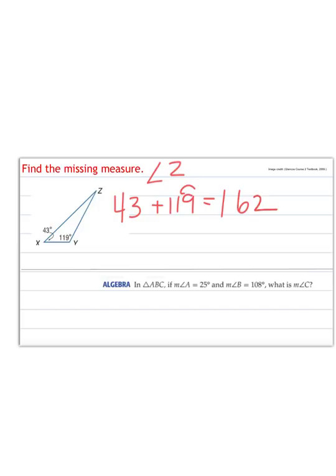Now they have to total up to be 180 degrees, so we take 180, subtract off what we have so far, so 180 minus 162 equals 18, so the measure of angle z equals 18 degrees.